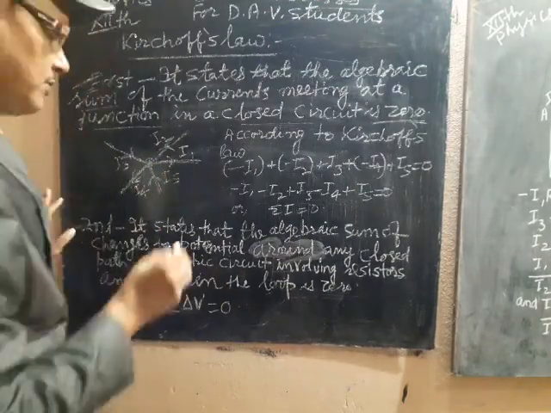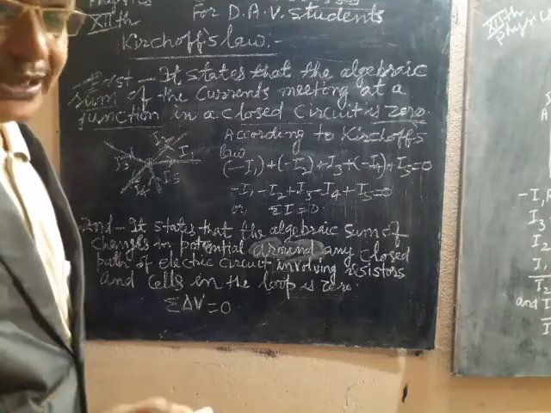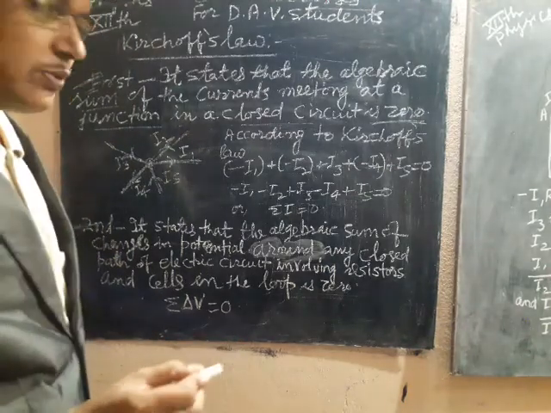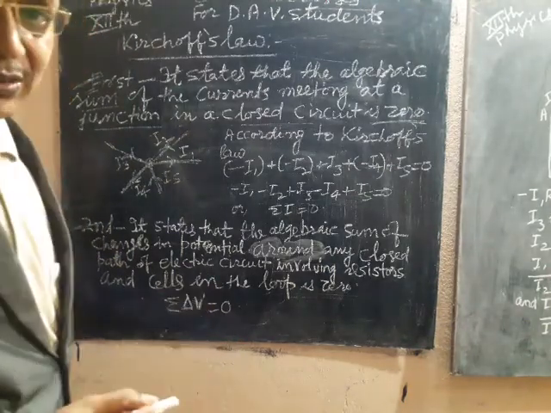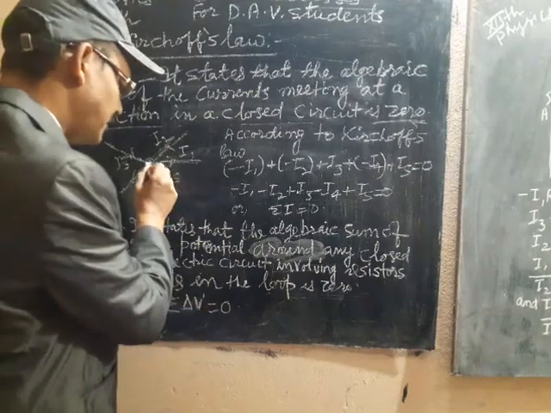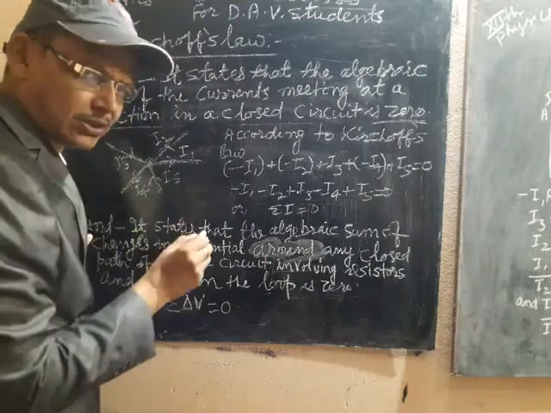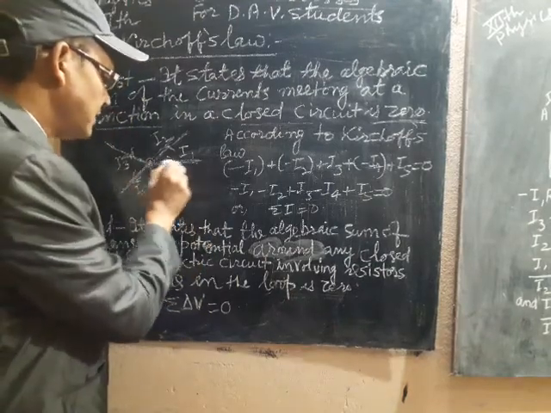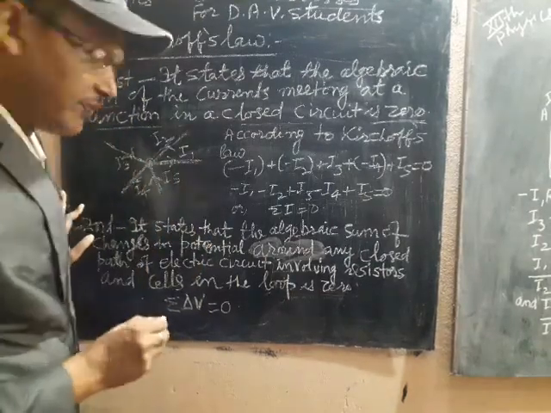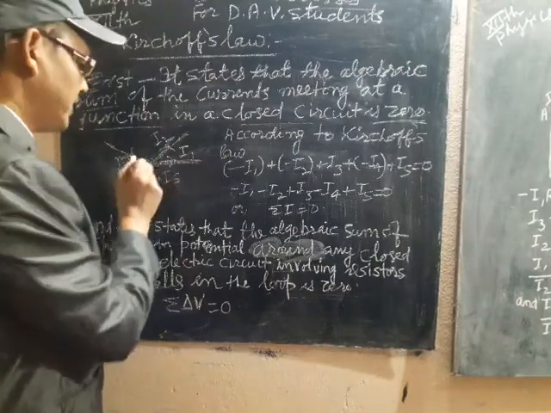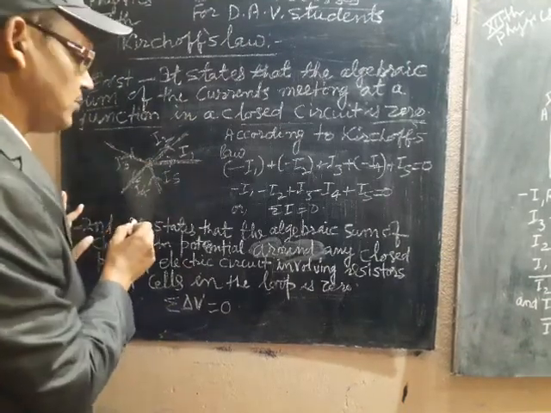Once again, this is the fundamental of electricity. Try to understand. If current is going outside, it means you are drawing current, then this will be negative.